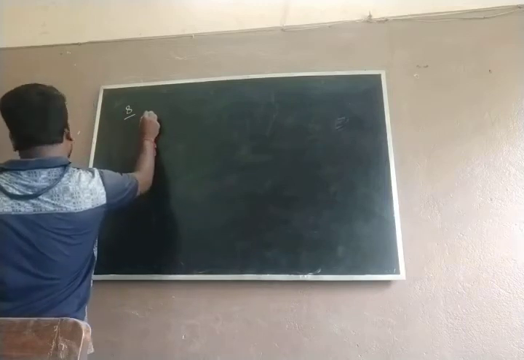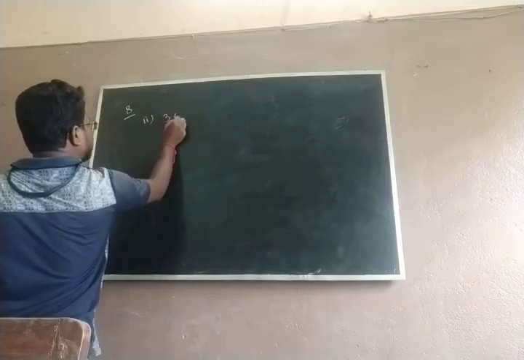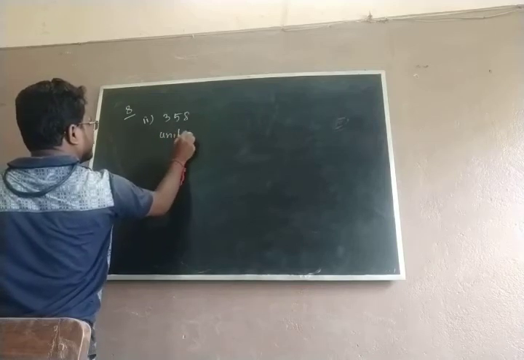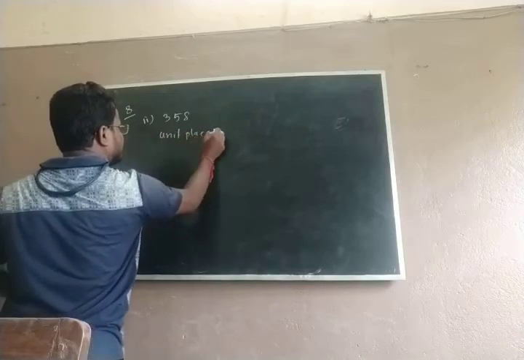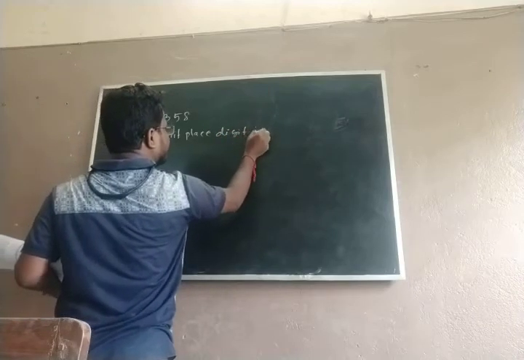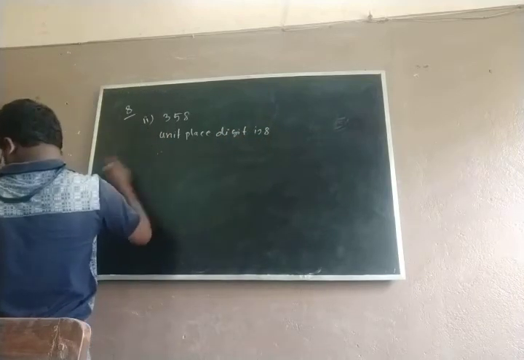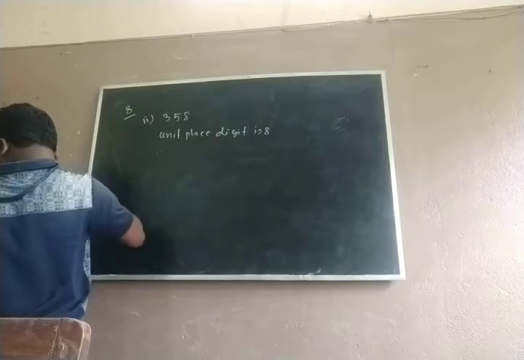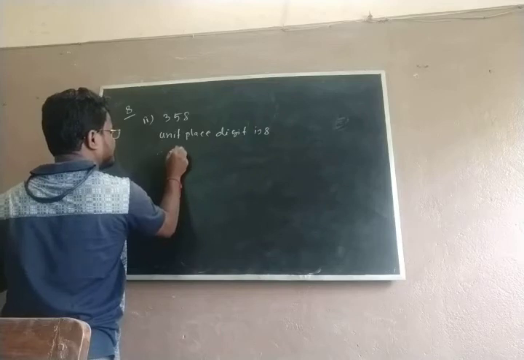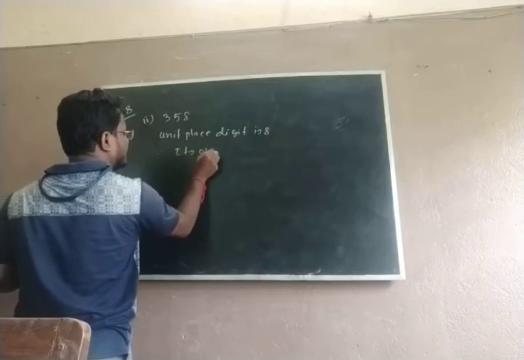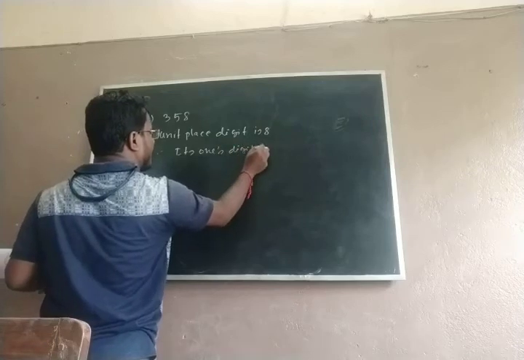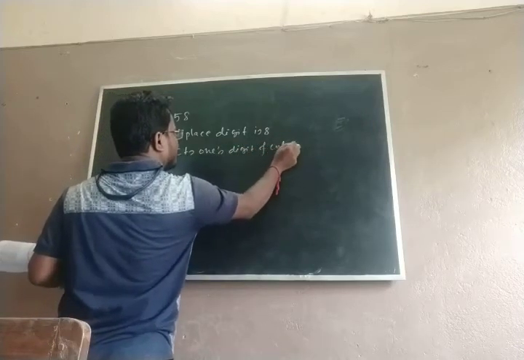Suppose 358. The unit place digit is 8. Then the ones digit of the cube is 2.